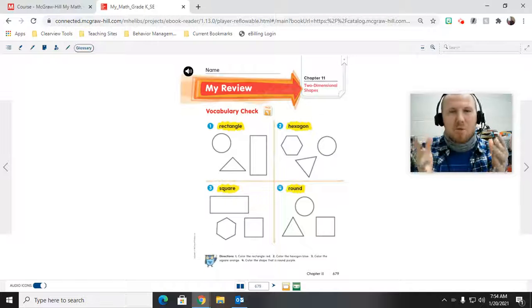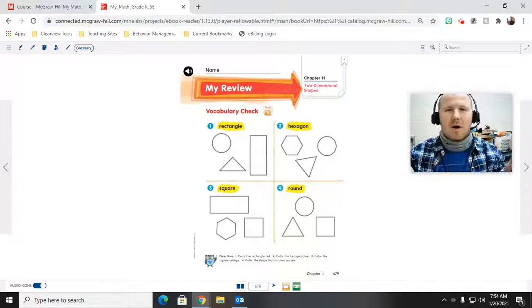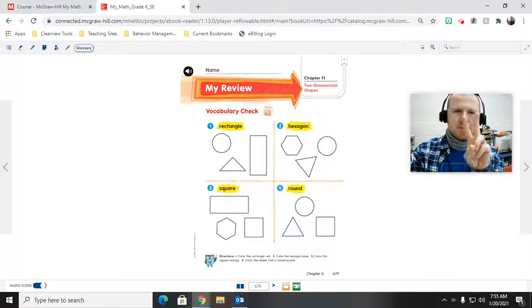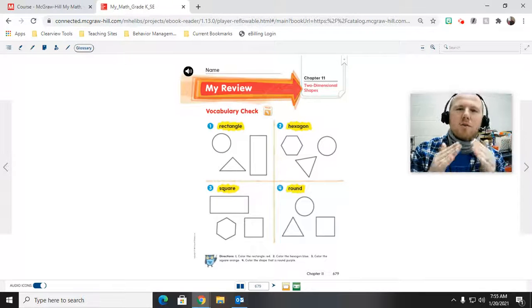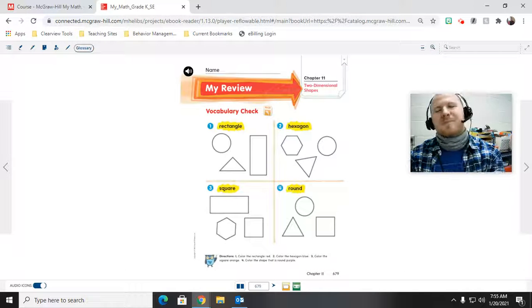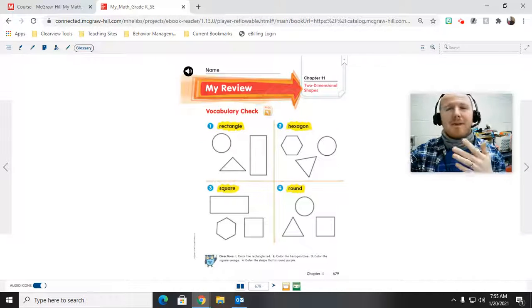And that's not really what we're talking about when we're talking about two dimensions. But it's kind of helpful to remember that we're looking for two things. We're looking for how many sides they have and how many vertices they have. Vertices is another word for corner. So think of it like that because it's going to be helpful.